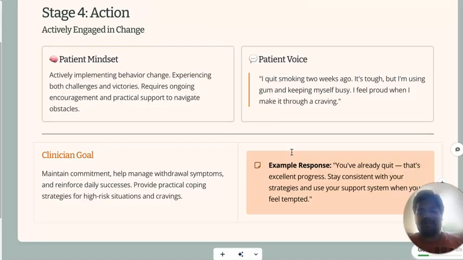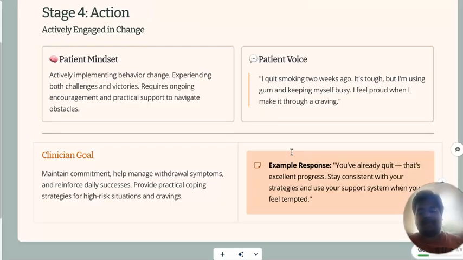So in this phase, again, the action phase, the patient will be telling that he has quit smoking for a certain time, and he has something to tell about his experiences regarding the victories, how motivated he is. But at the same time, he will tell about the challenges. And as a clinician, your goal is to help the patient maintain commitment.